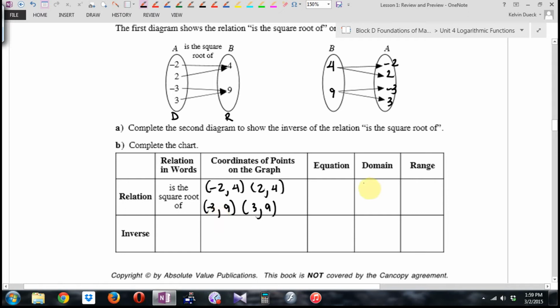The domain is negative 2, 2, negative 3, 3, although you could write that in order and go from negative 3 to 2, but whatever. The range is 4 and 9.